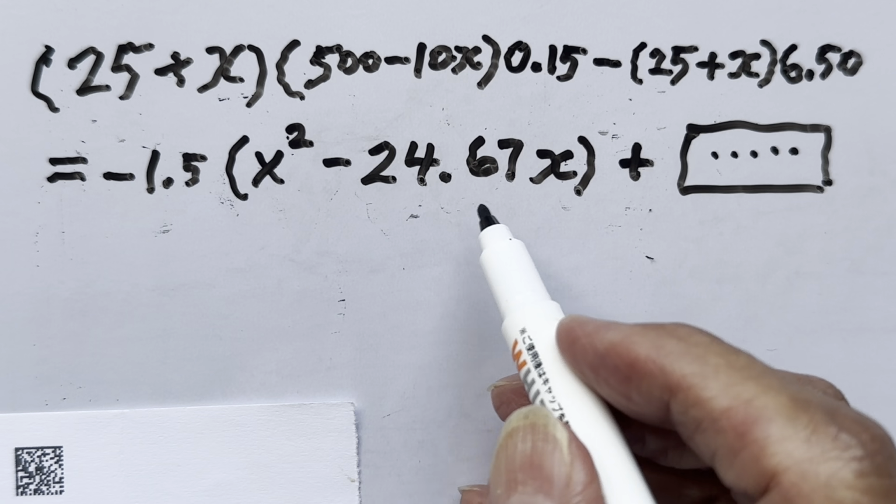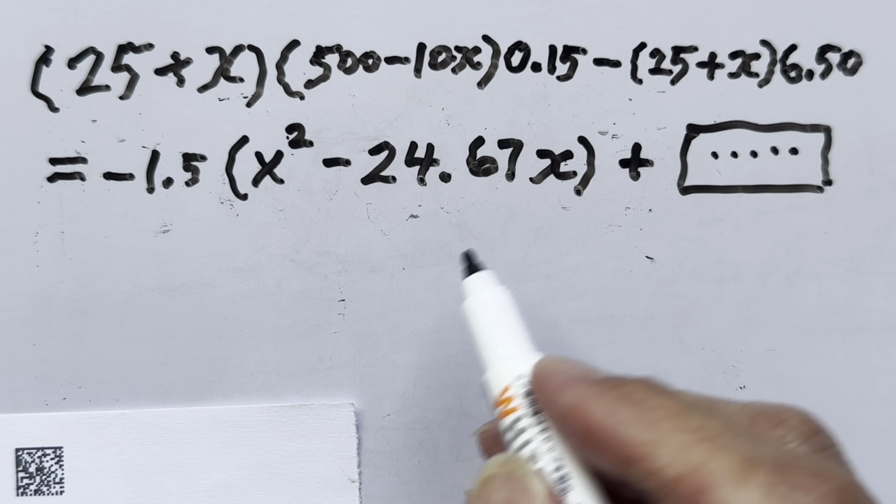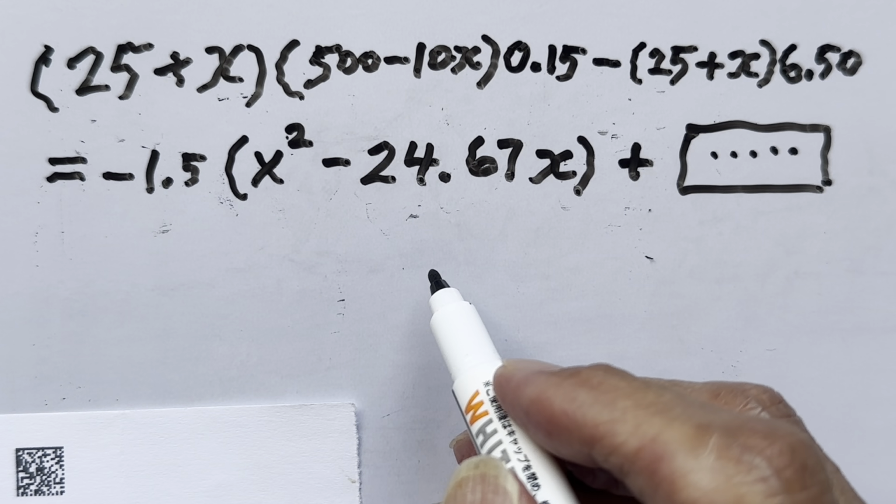So I need to do completing the square. To complete the square, I need to divide this by 2 and square it and add the result and subtract the same result.